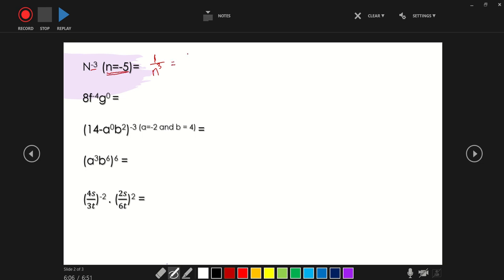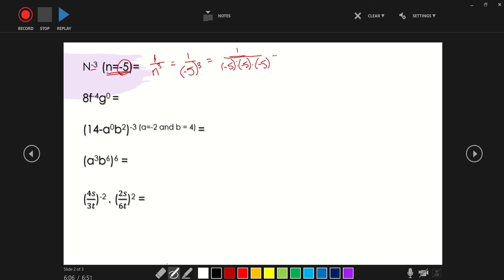So remember, when I have n is equal to -5, this whole thing is what n equals. That means I need to put it in parentheses because it has a negative with it. The n itself isn't negative over here. The number is negative. So this is really like 1 over -5 times -5 times -5.